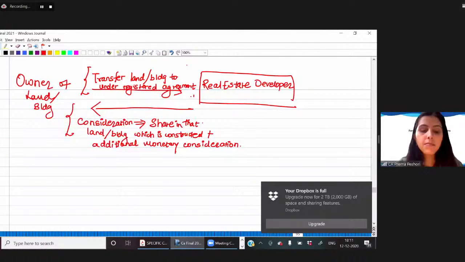So the important point here is that 45(1) says in the year in which transfer takes place. Correct? Now, if you go and see the definition of transfer under 2(47), let me take you to the definition of transfer under the Act itself.